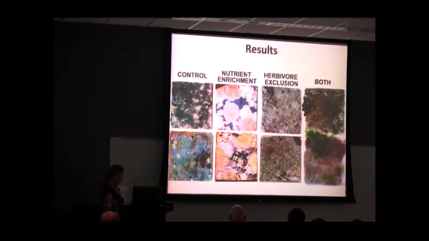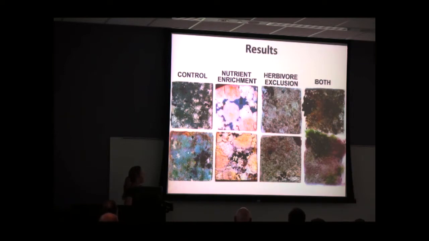So what did I find? In the control treatment, where herbivores were present and there were no nutrients, I had highly grazed settlement tiles even after a year. We see some crustose coralline algae, these pink things, and little bits of highly grazed turf algae. If we added nutrients, we seem to have gotten an enhancement of the crustose coralline algae, or at least there was a greater abundance of those in the nutrient enrichment treatment.